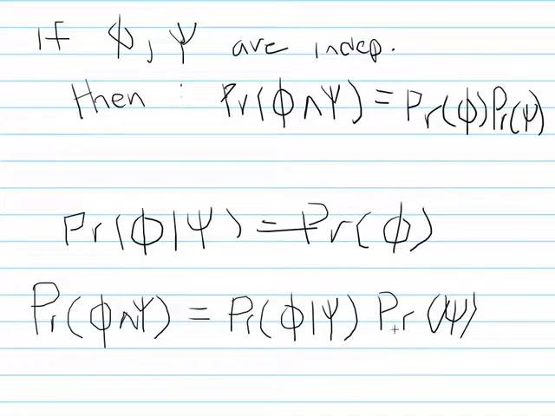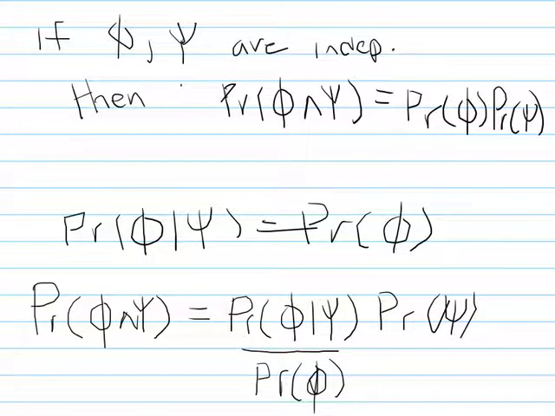So this was a rule that applies in general, regardless of whether phi and psi are independent. But then, if we know that phi and psi are independent, we know that the probability of phi given psi is the probability of phi. And that means that in the case when phi and psi are independent, we can replace the probability of phi given psi with simply the probability of phi. And that's how we know that this easier rule, which applies in the case of independent conjuncts, applies.